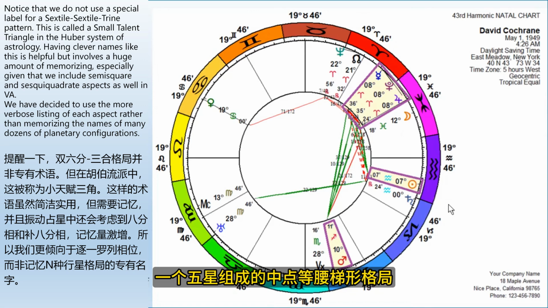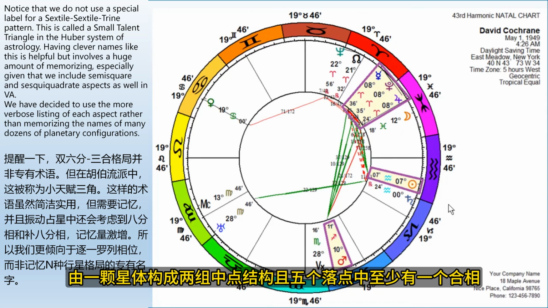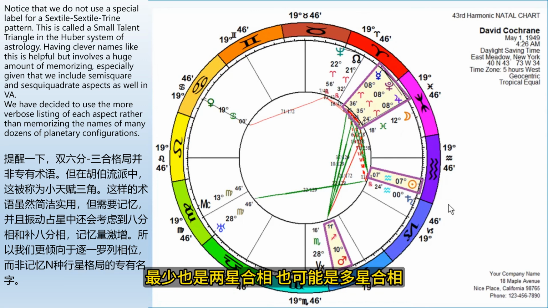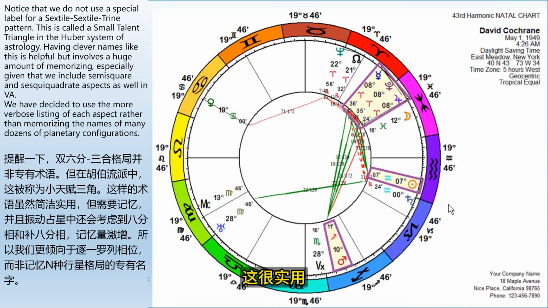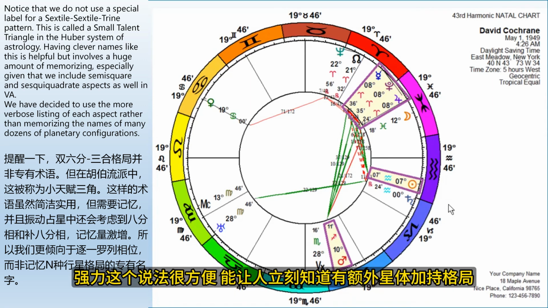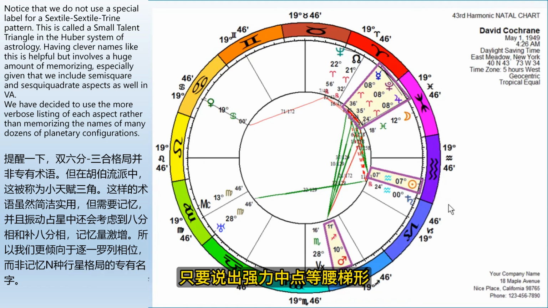A midpoint isotrap is a 5-planet configuration, a planet making 2 midpoint structures, but at one of those 5 points, there is a conjunction, at least one conjunction going on. At least two planets conjunct each other, if not more. So it helps. This word power is very handy to let the person know that one or more planets have added to it.